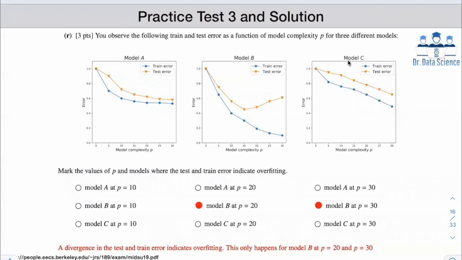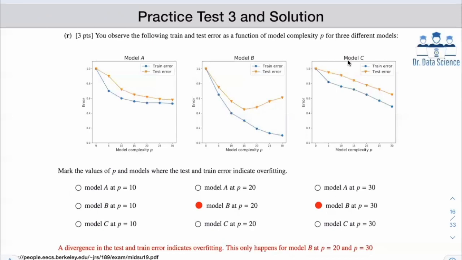And then you have error on the y-axis. And here we obviously see training error and testing error. If training error and testing error are comparable, that means that the model does not overfit or underfit. And when they diverge from each other, that's where we have to be very cautious.